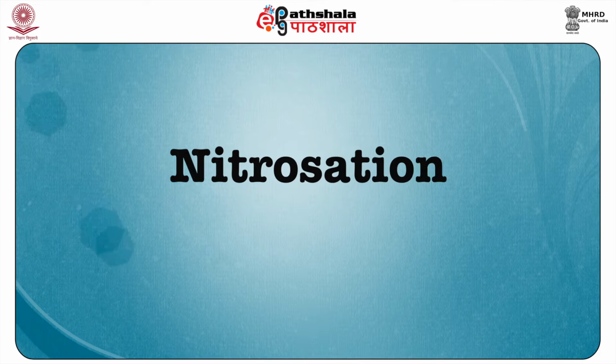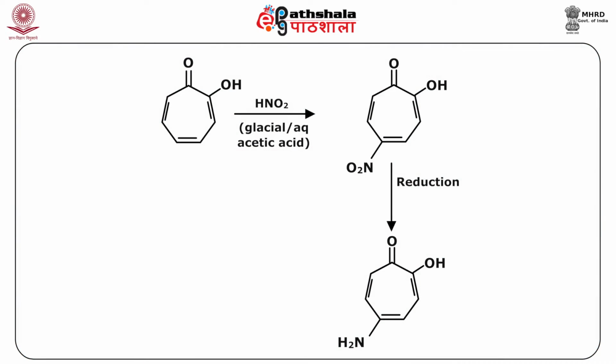Another reaction is nitrosation. When these compounds are treated with nitrous acid in glacial or aqueous acetic acid solution, tropolones are converted into 5-nitroso derivatives. The reaction proceeds in high yield, and the reduction of these nitroso compounds provides the best route to the corresponding 5-amino tropolone.